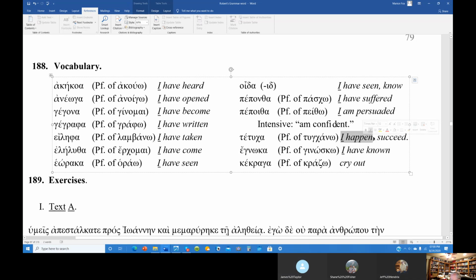And so this happen or succeed kind of doesn't get back to the real early meaning of it. You attain to it, you hit the mark, as in throwing a javelin. And hamartano is to miss the mark, isn't it? Right. Same root, I'm suspecting. Okay.